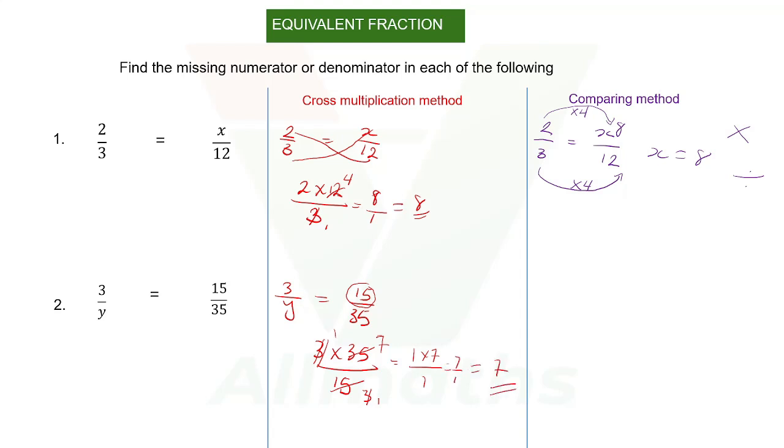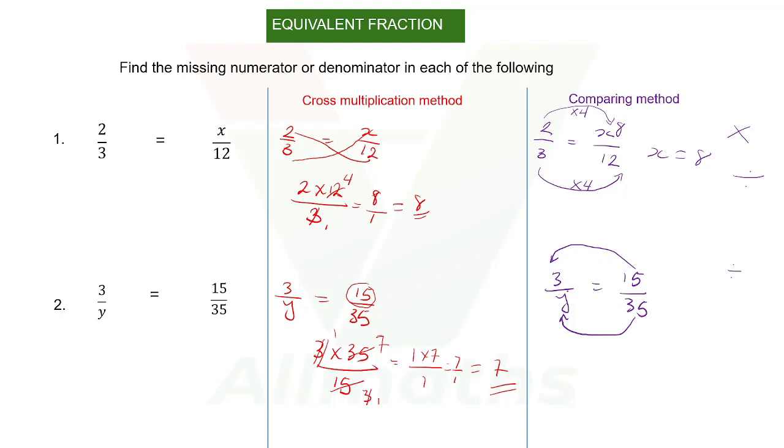The answer is 7. Now, for the comparing method, 3 over y equals 15 over 35, right? What has happened to 15 that made it 3? That same thing must happen to 35 to give us our y. Now 15 has reduced to 3. That means whatever has happened is a division, right? 15 has been divided by something to give us 3.